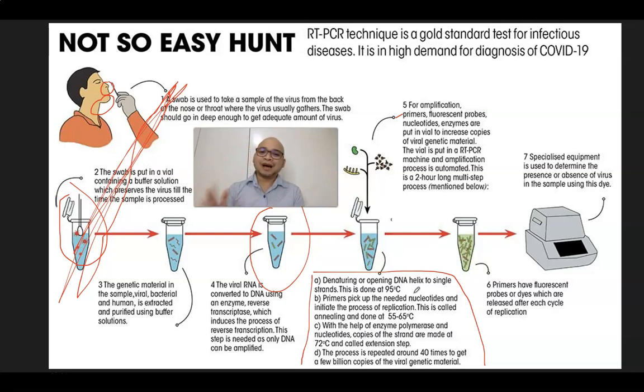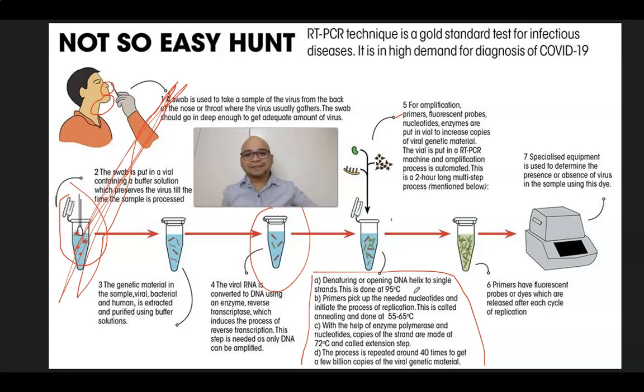Primers pick up the needed nucleotides and initiate the process of replication. We call that process annealing, and it is done at 55 to 65 degrees centigrade. With the help of the enzyme polymerase and nucleotides, copies of strands are made at 72 degrees. We call it extension.